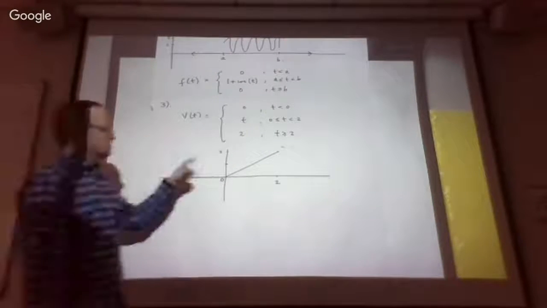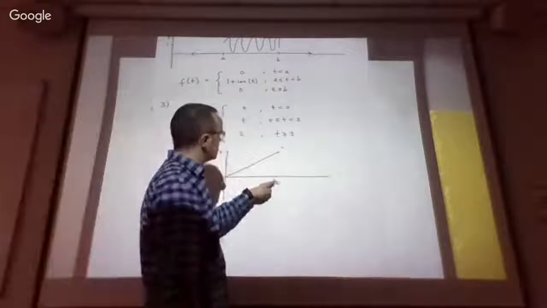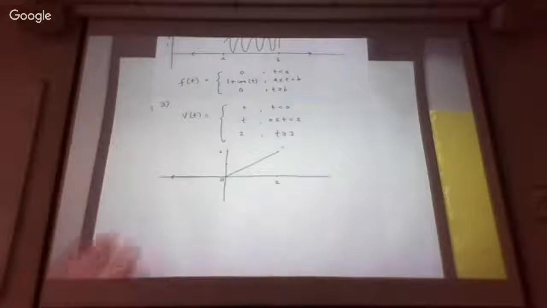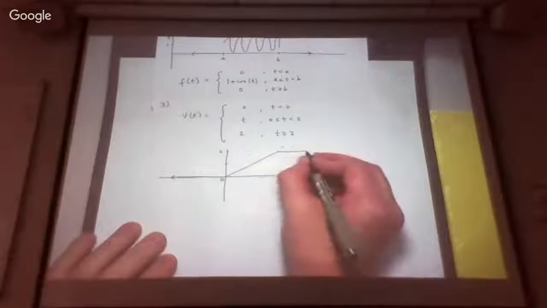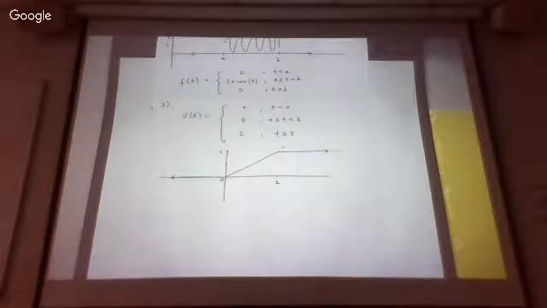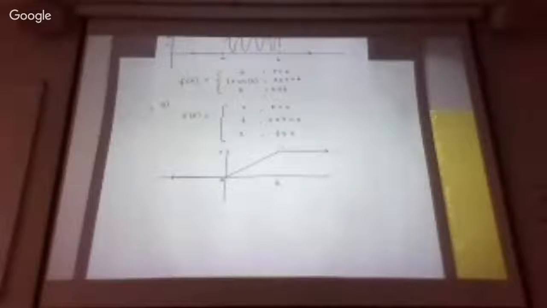And thereafter, once you get to t equals 2, it changes again to just be the constant value 2. Okay, so that's a graph of the interesting portion of this function.